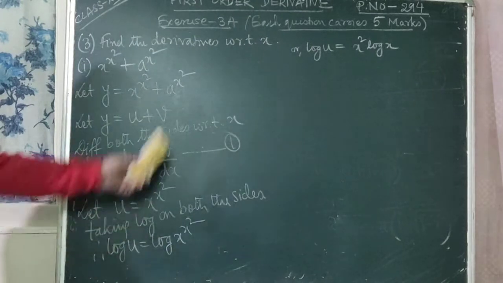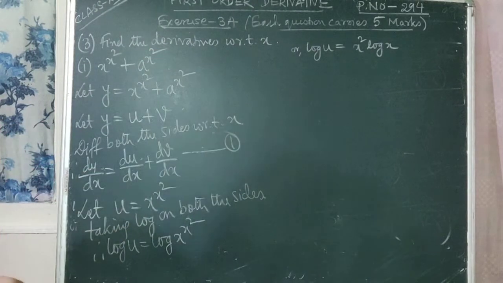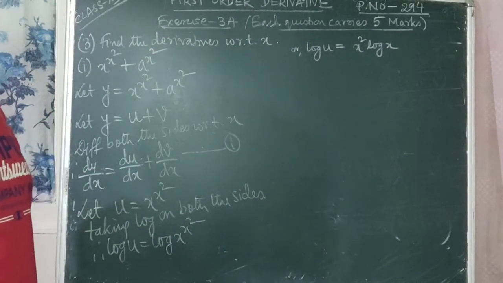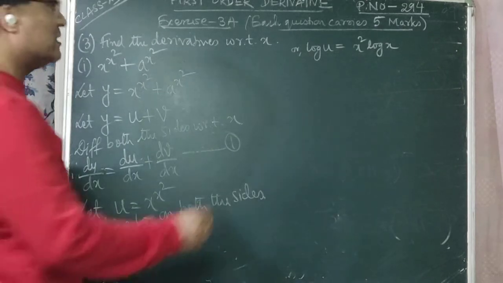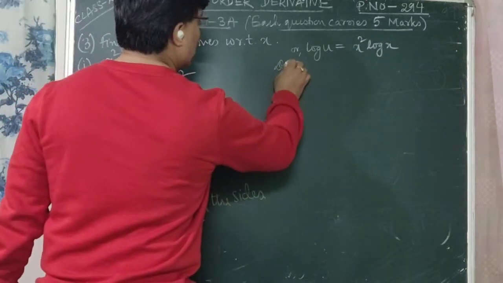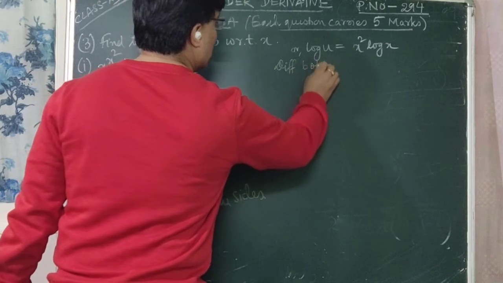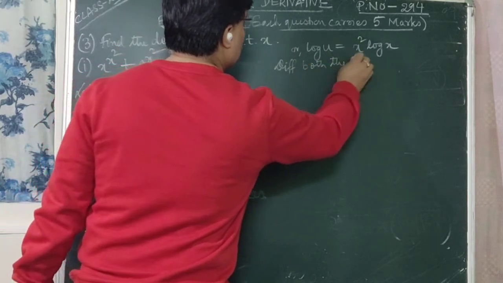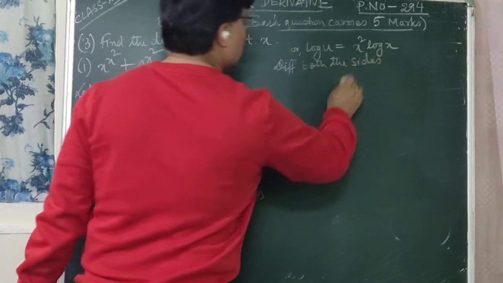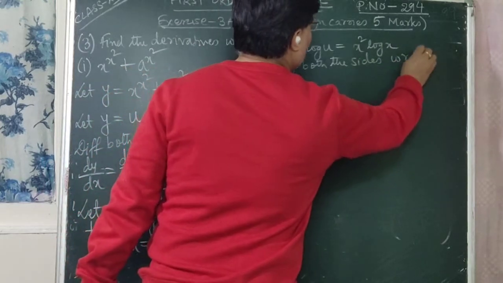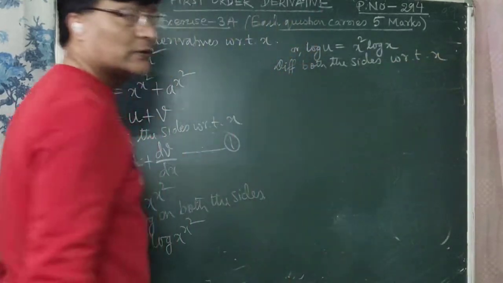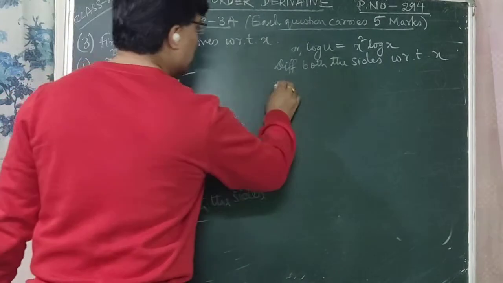That is x square log x, right? So now you can differentiate both the sides with respect to x to get the value for du by dx. So differentiating both the sides with respect to x. Okay, so what do we get?